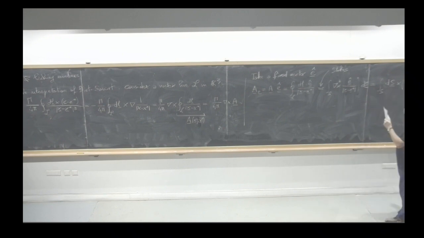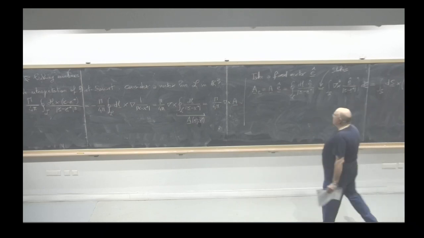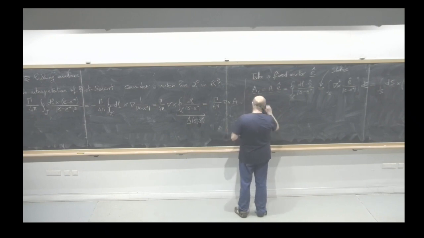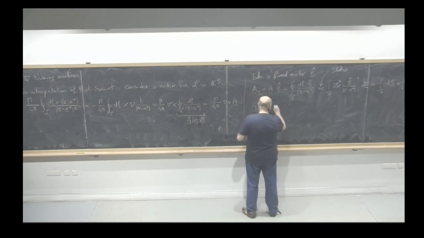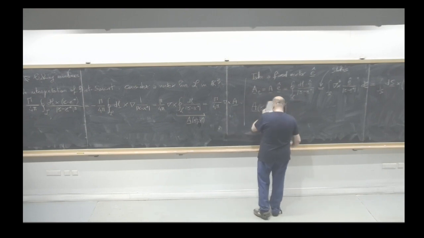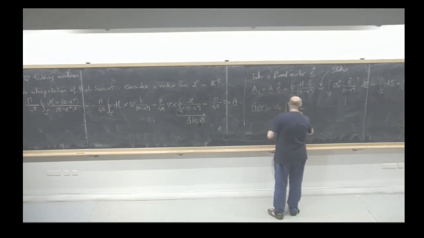Okay, right. So finally, I can write A of x as the curl on x of this integral of dS over |x minus x star|.